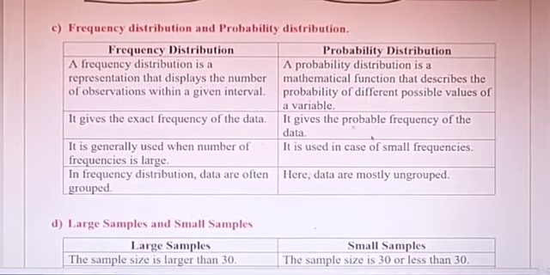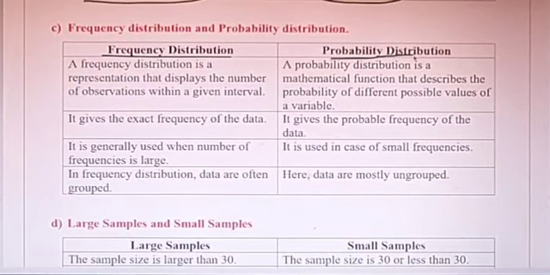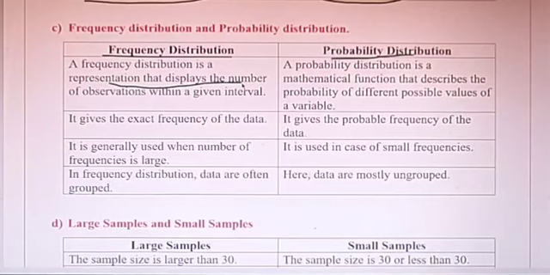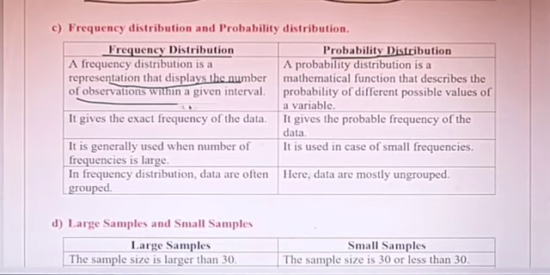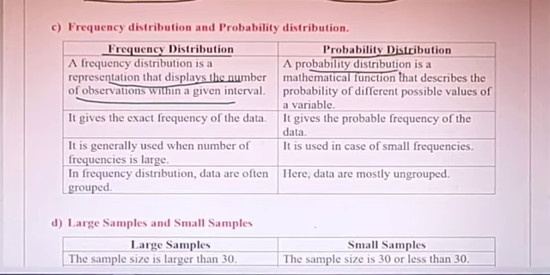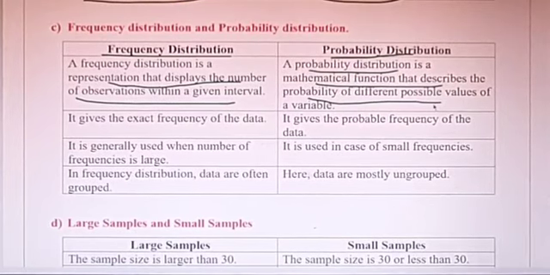The next difference is on frequency distribution and probability distribution. Frequency distribution is the representation that displays the number of observations within a given interval, whereas a probability distribution is a mathematical function that describes the probability of different possible values of a variable.